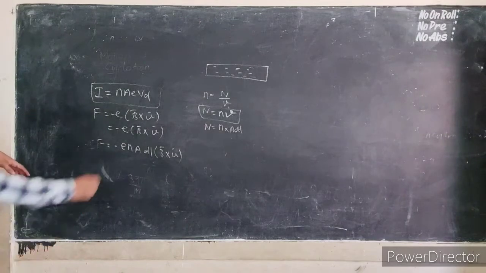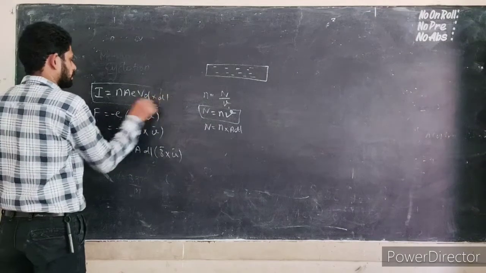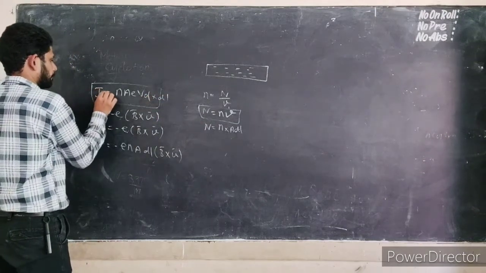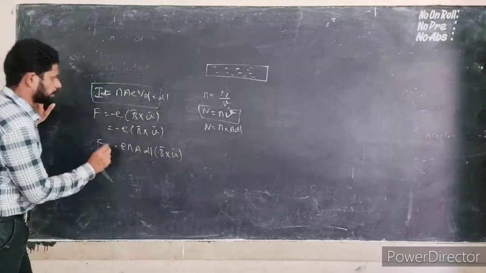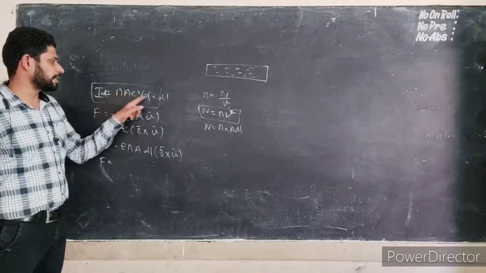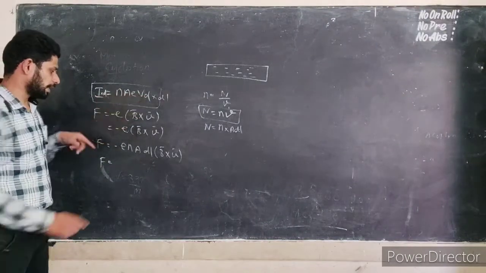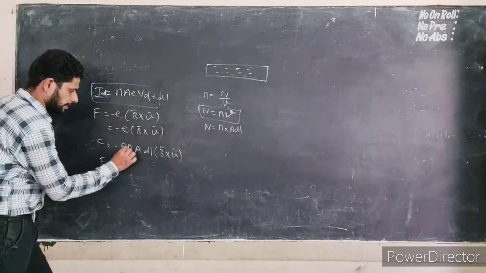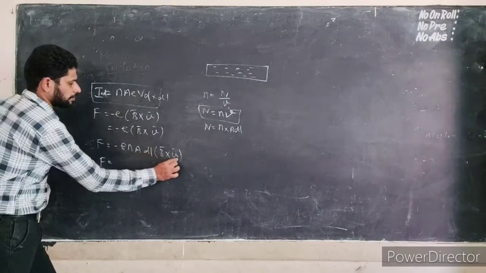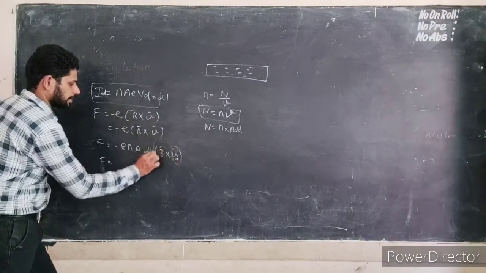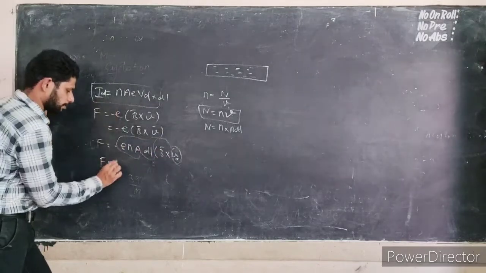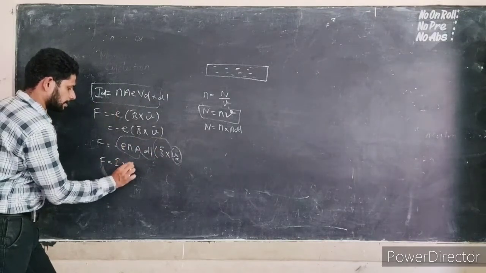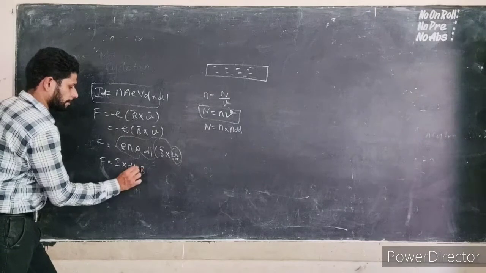Now listen, n A e vd is nothing but your I. So n A e dl into the drift velocity vd is equal to I dl.